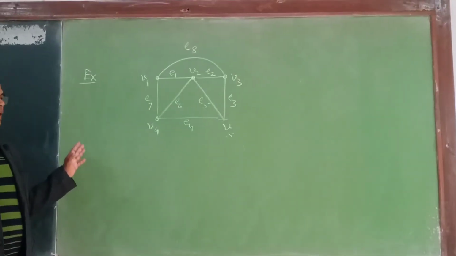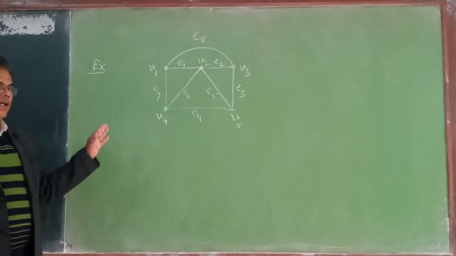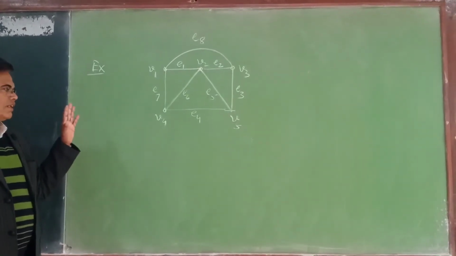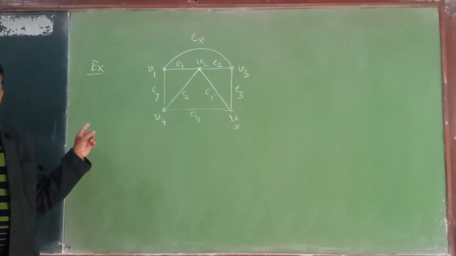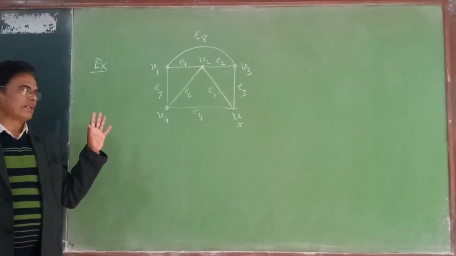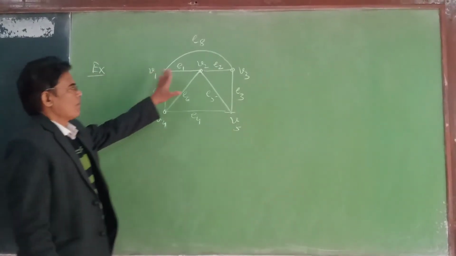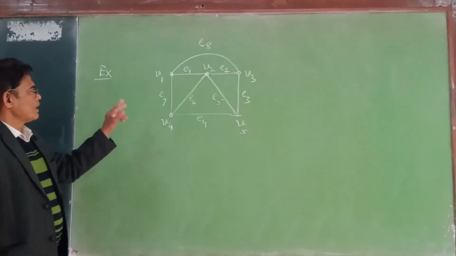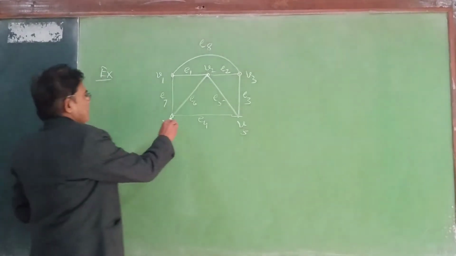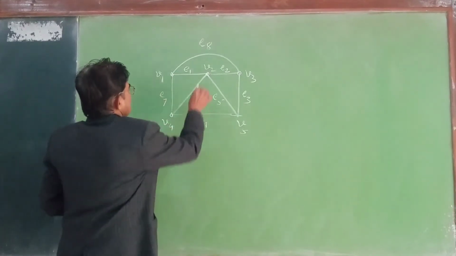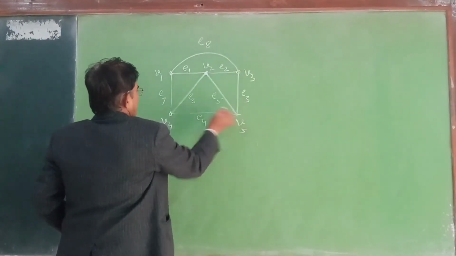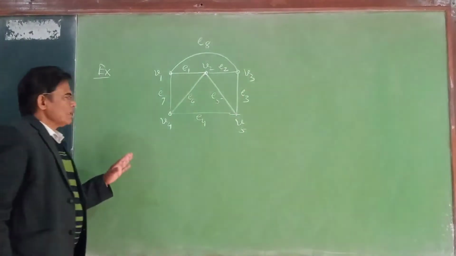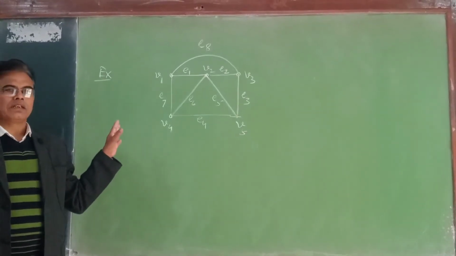Now let me explain another example of the adjacency matrix. The adjacency matrix is nothing but the vertex matrix, okay. So this is a graph. First we see very carefully how many vertices there are. The vertices are V1, V2, V3, V4, V5. It means there are 5 vertices.